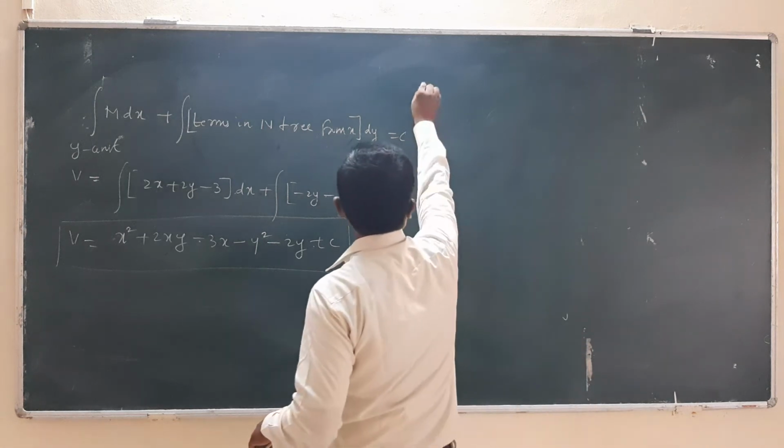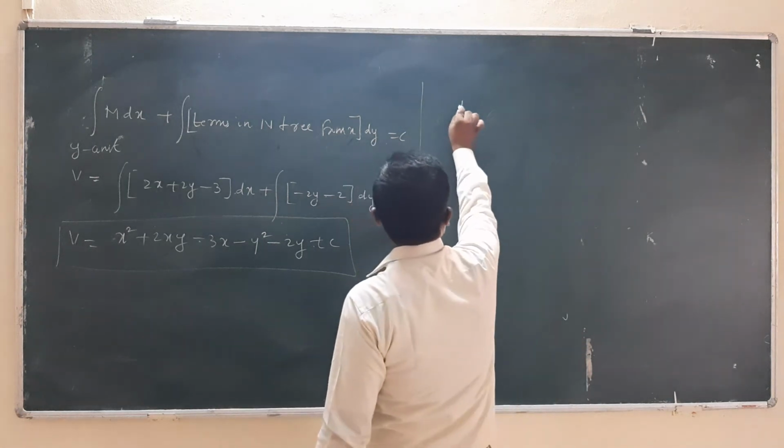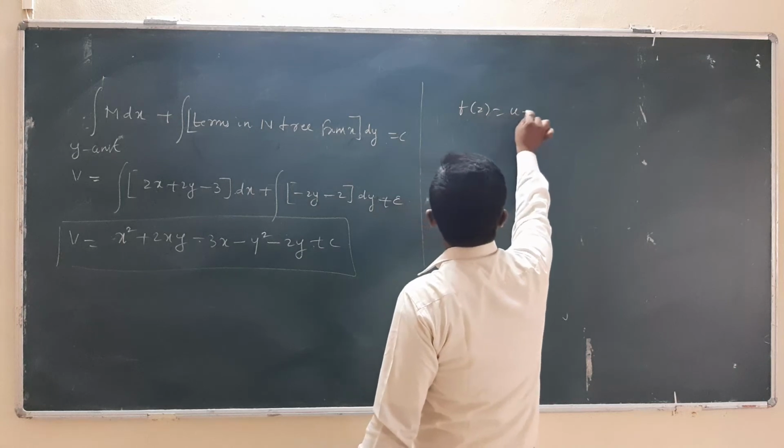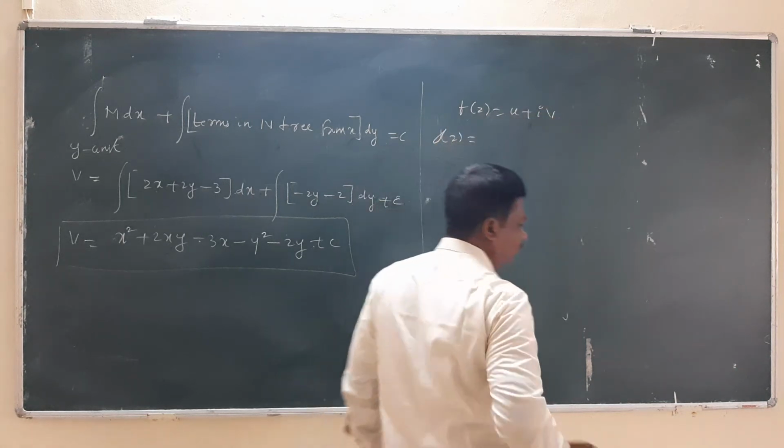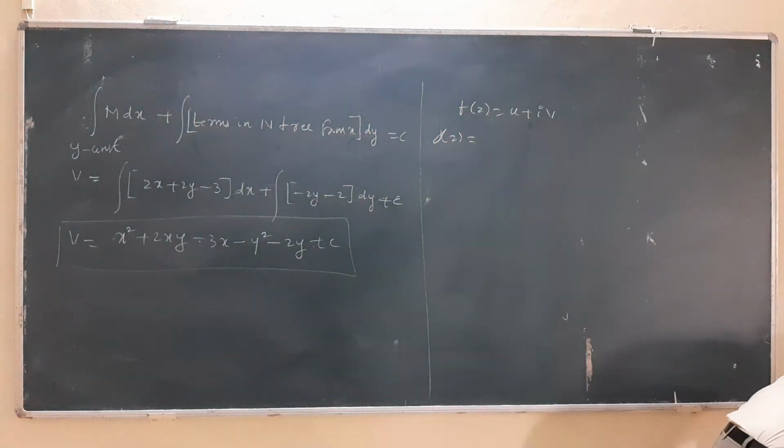So to express this in the form of z, f of z is equal to u plus i into v. Here f of z is equal to, first I will write u.